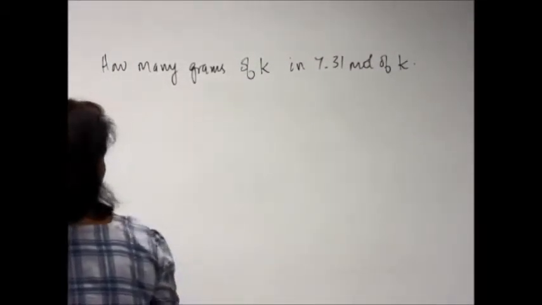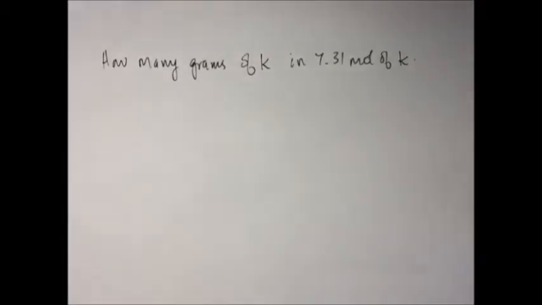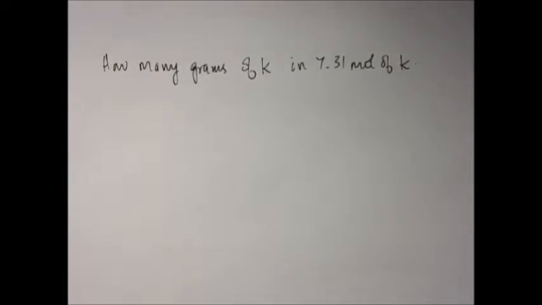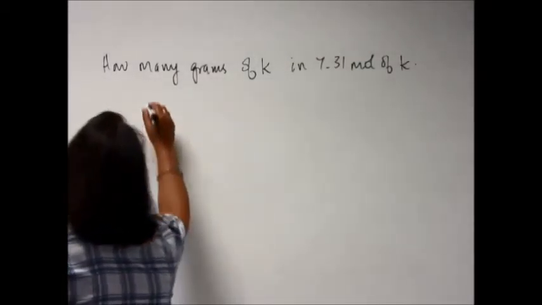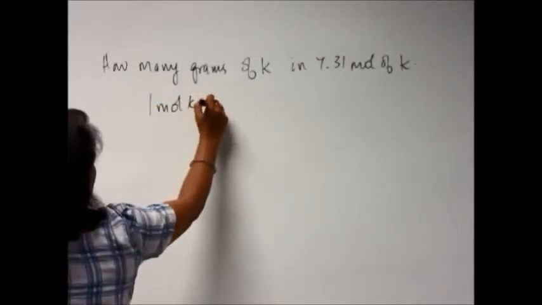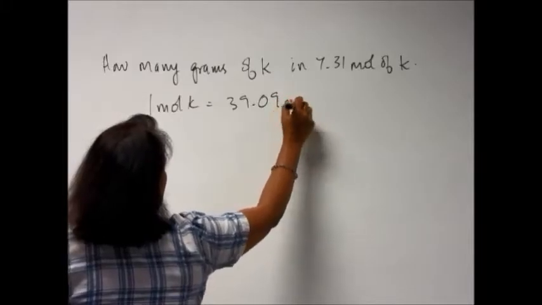In this case, the conversion factor you will need is from the periodic table, because you're talking about gram weight now. As soon as you have to find the grams of anything, please look at the periodic table. Keep that handy with you all the time. In 1 mole of potassium there is 39.09 grams.